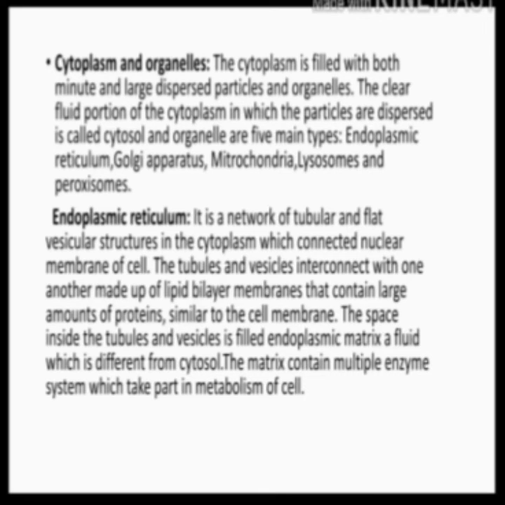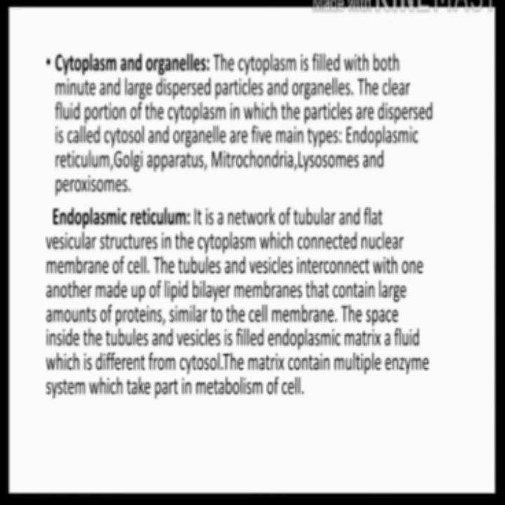The organelles are five main types: endoplasmic reticulum, Golgi apparatus, mitochondria, lysosomes, and peroxisomes, and many other cellular structures like the cytoskeleton are present in the cell.